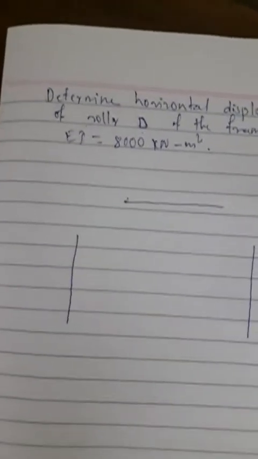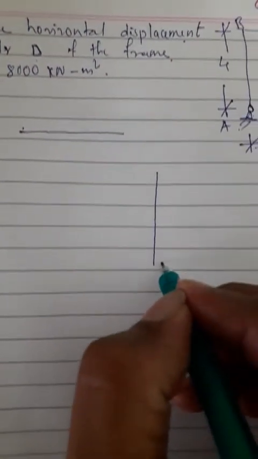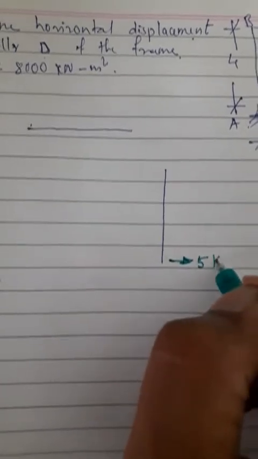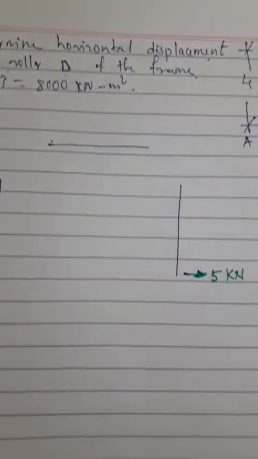Now here external load I have to show. External load of 5 kilonewtons is acting at this point.